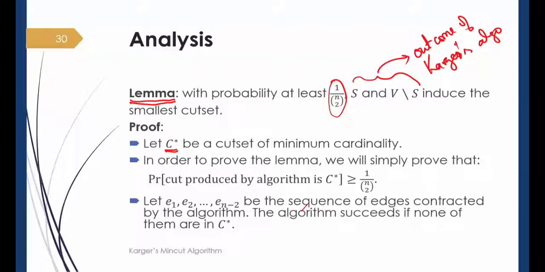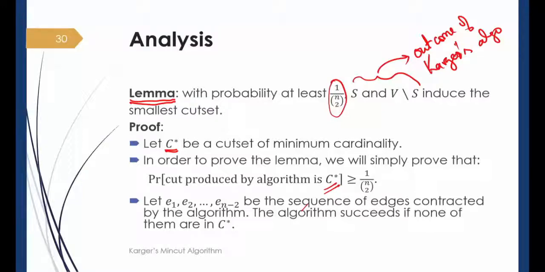We will prove that the probability that the cut produced by the algorithm, this S and V minus S, actually corresponds to the cut set C star is itself greater than 1 over n choose 2. Now, if there are other cut sets, naturally the probability with which the algorithm will find one such minimum cut set is only going to be increased. So, we are therefore being conservative in our claim here.